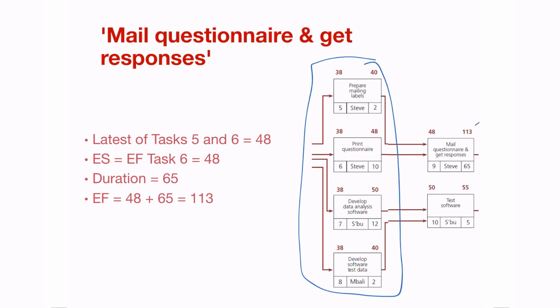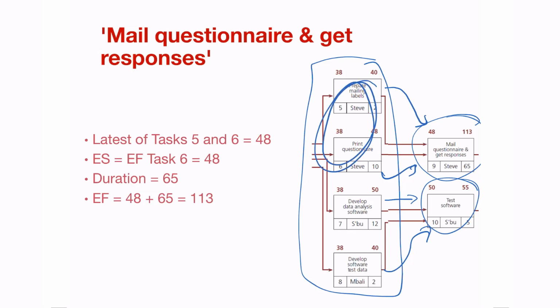However, there is task number 9 and task number 10. Task number 9 is dependent on task number 5 and 6, and number 10 is dependent on 7 and 8. Now we need to determine when task number 9 can start.